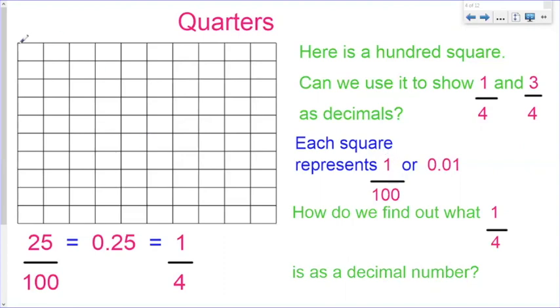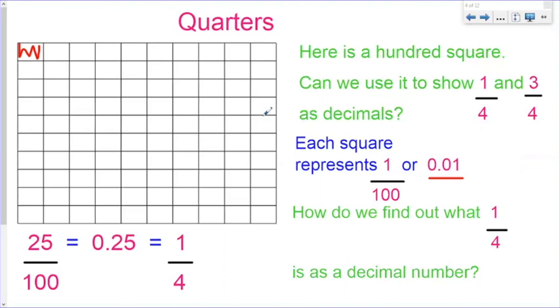So if we colour in 1 of those squares, that is 1/100th. And you know that 1/100th as a decimal is 0.01.